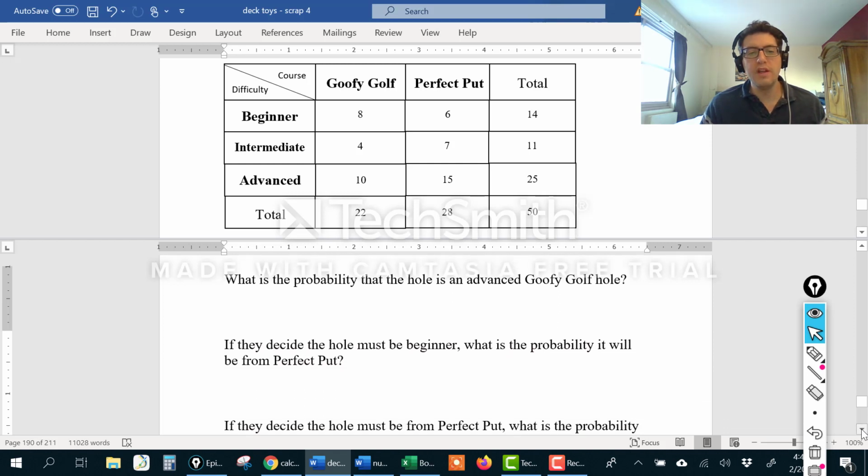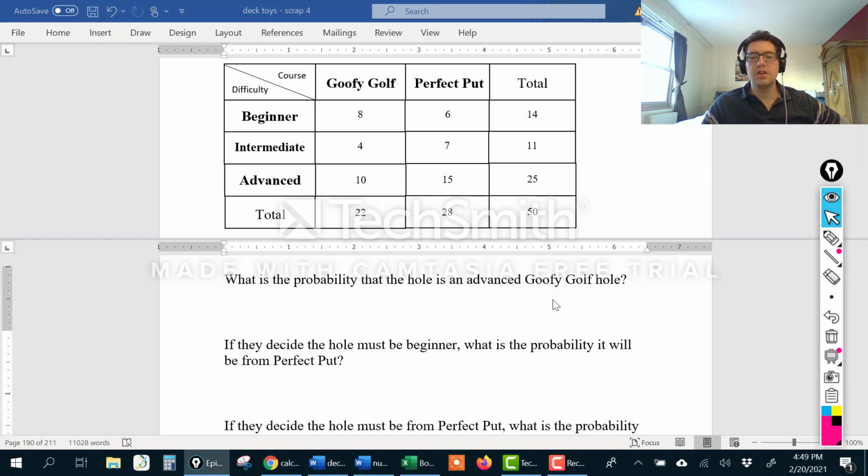Next question, what is the probability that the hole is an advanced goofy golf hole? Well, let's ask ourselves, how many advanced goofy golf holes are there? There are 10 advanced goofy golf holes. 10 of the holes from the Goofy Golf Course are at that advanced level.